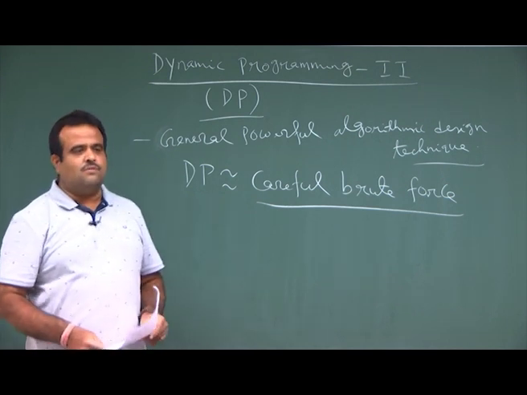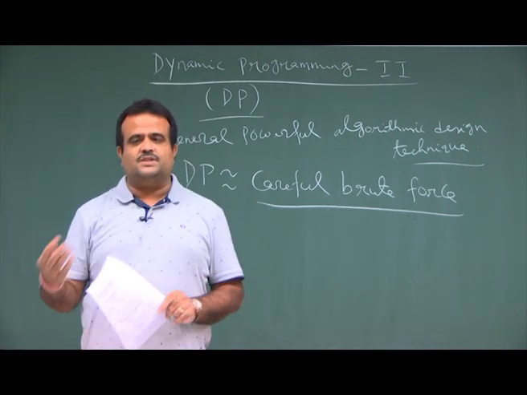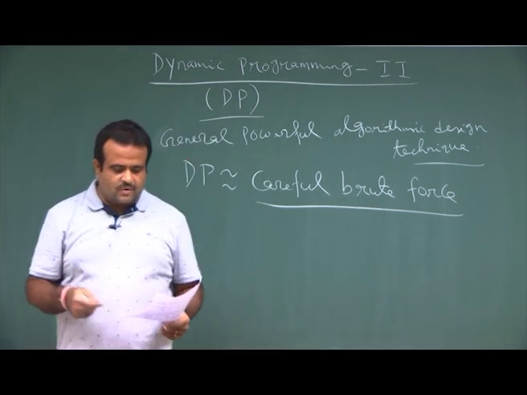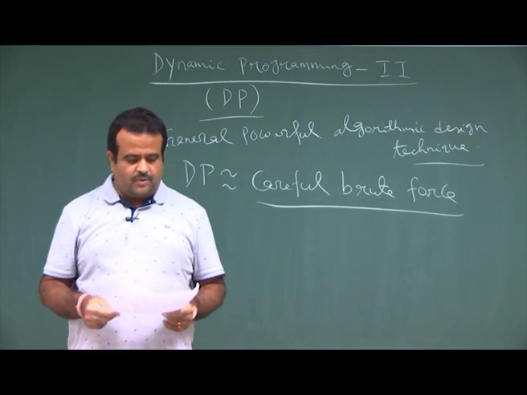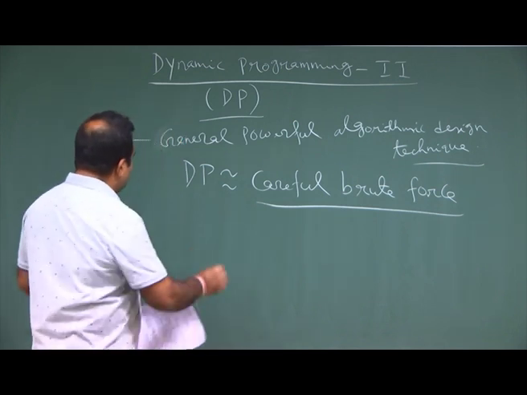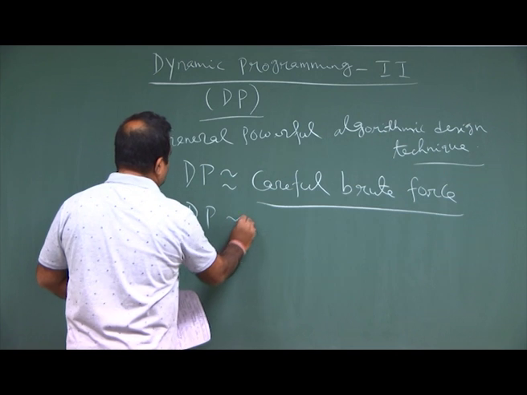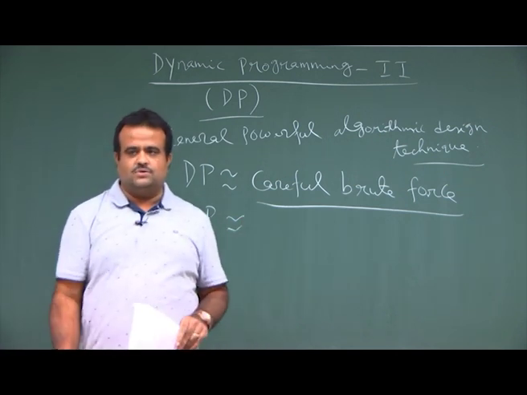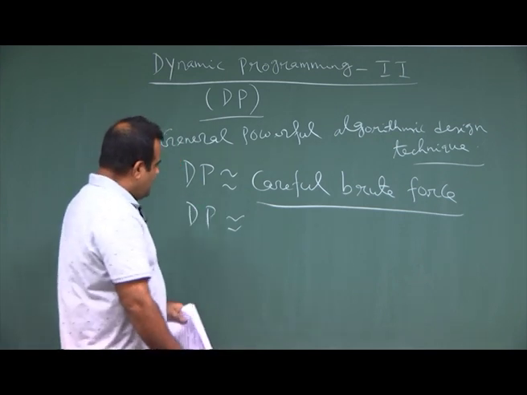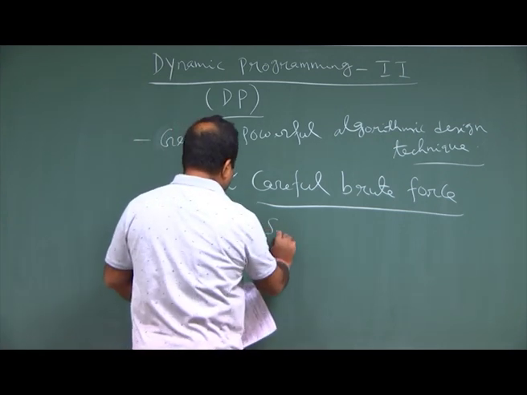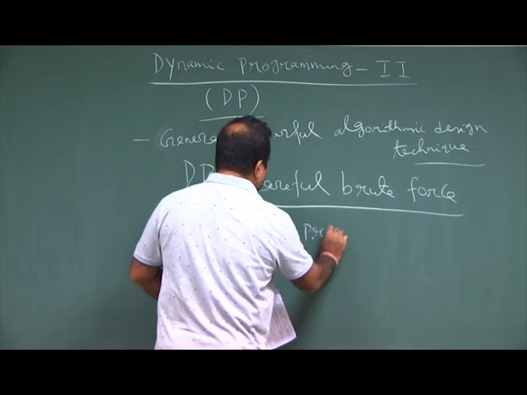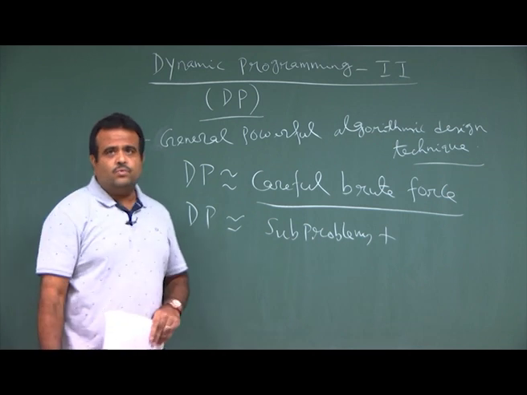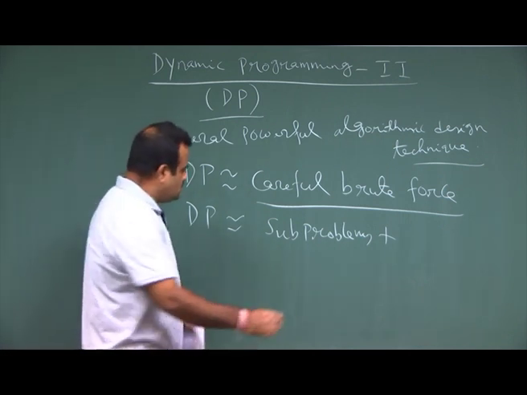It is especially good for optimization algorithms, like if there is a shortest path. Dynamic programming is very useful for optimization algorithms. We have a problem, and we reduce this problem into subproblems recursively.